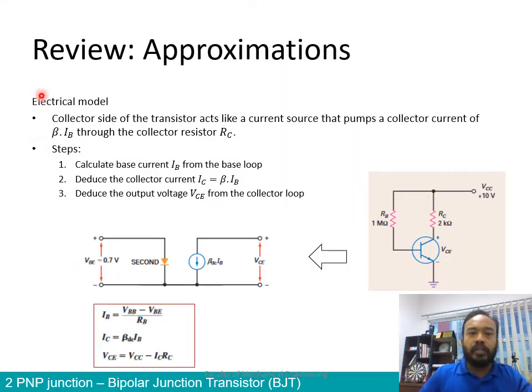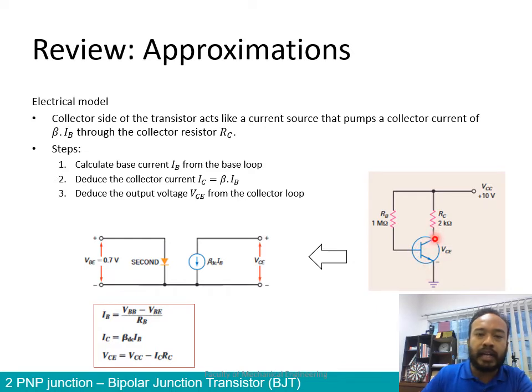In order to review, we have to review a bit of what we have seen in the first and second week. In terms of approximation, a PNP junction or BJT can be simplified into an equivalent electrical circuit. Here we have our BJT with the base, collector and emitter.